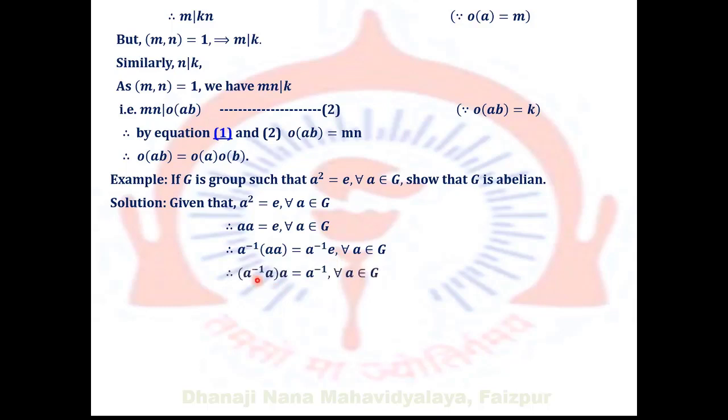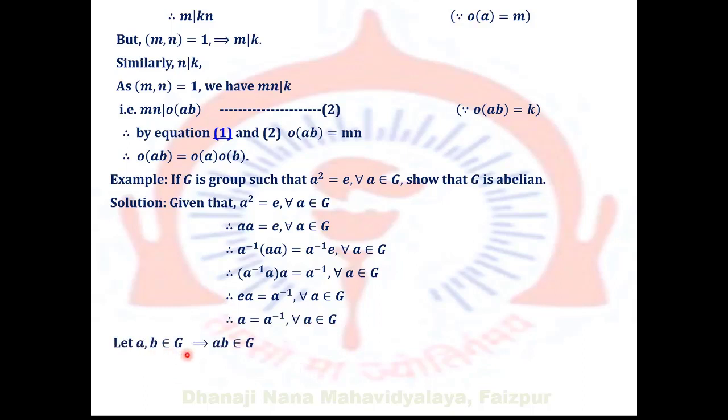So on the left hand side we have, by associative law, a inverse into a is equal to a inverse for all a belongs to G. But a inverse into a is the identity element, so therefore e into a is equal to a inverse for all a belongs to G. So therefore we get a is equal to a inverse for all a belongs to G.